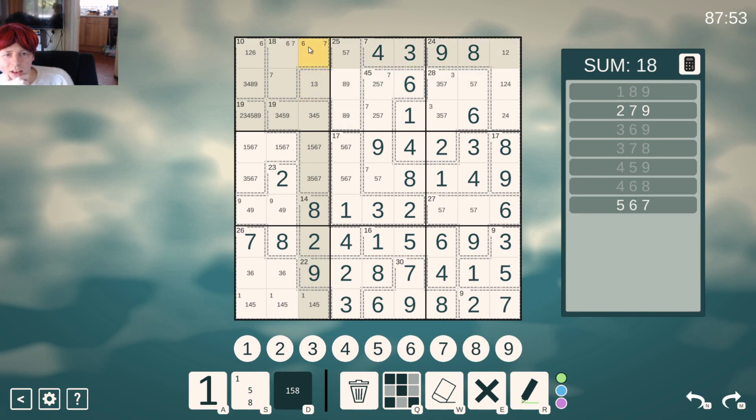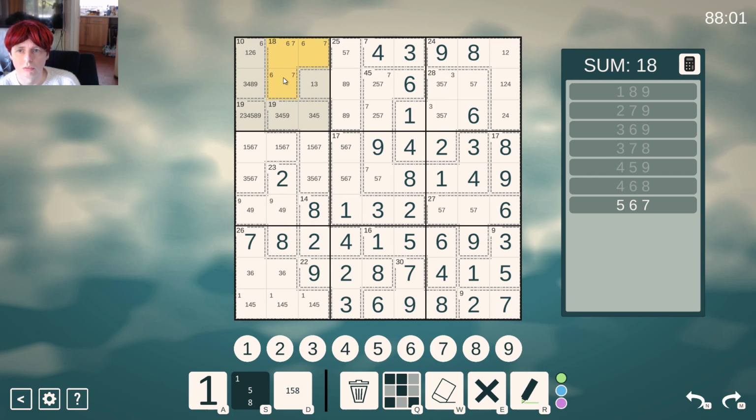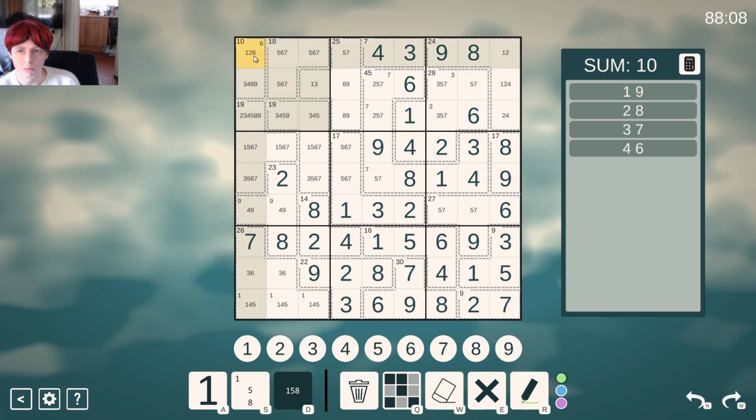There's a 6 in there. So it's 5, 6, 7. 6 comes out of there as a possibility. Three and 4 come out of there.